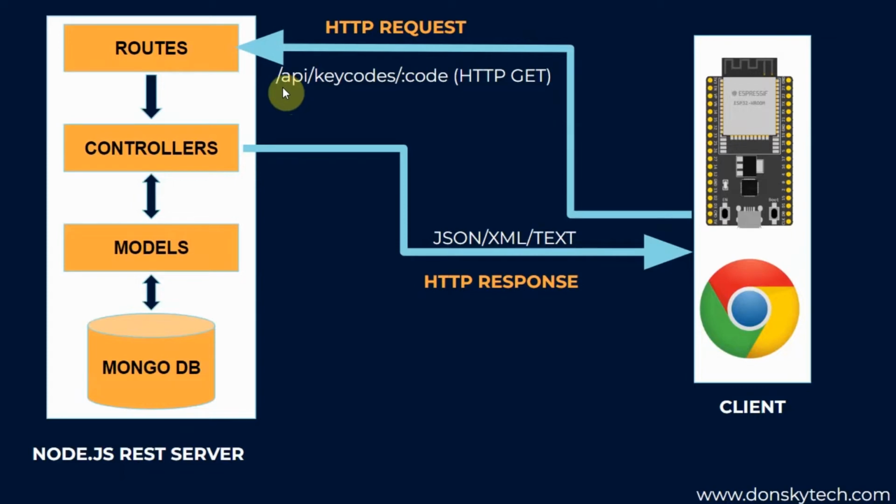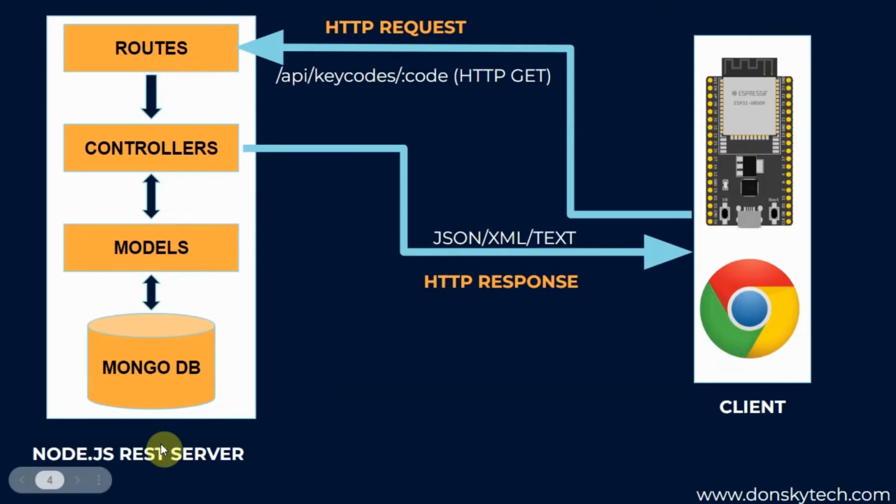The Node.js REST API server then parses or reads this HTTP request, and it goes through several layers wherein it has routes, controllers, models, until it reaches the MongoDB. When it reaches and retrieves the data in the MongoDB, it returns a response back to our microcontroller.